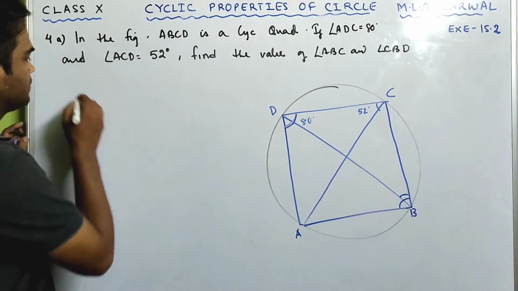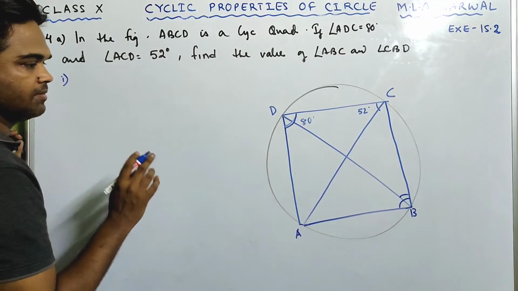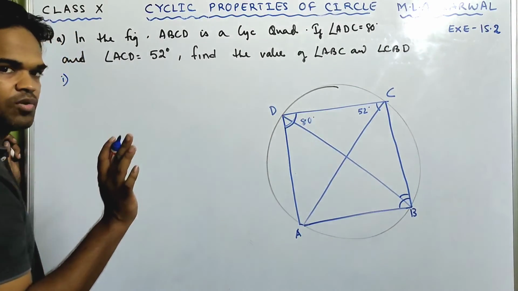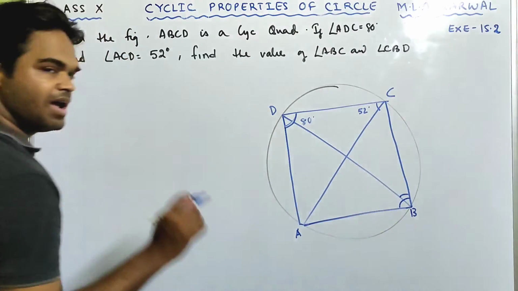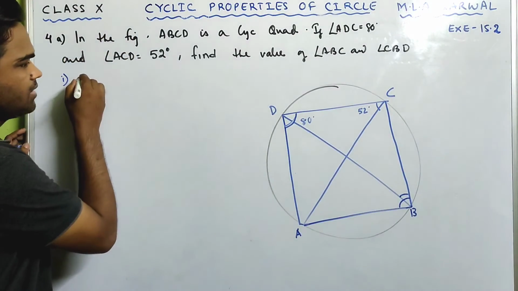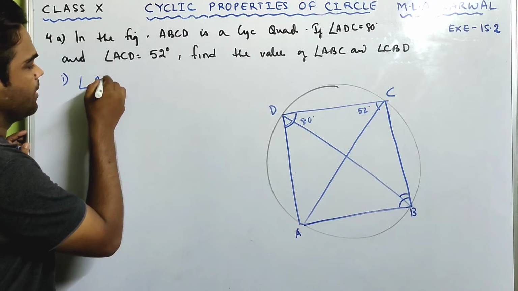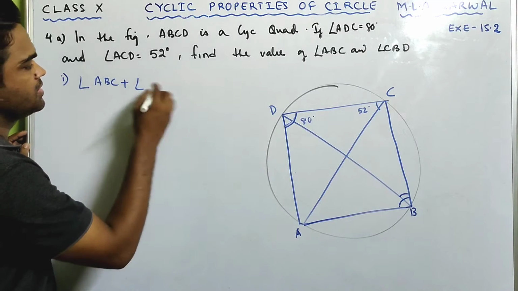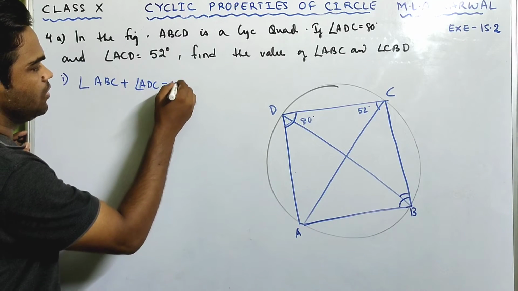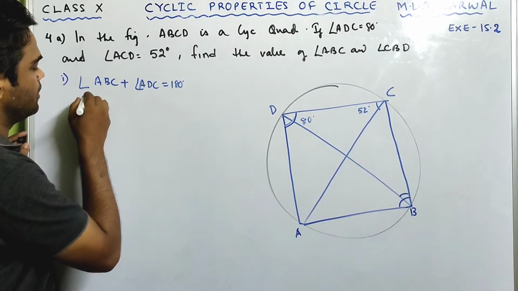Very easy. The first one is very easy, look carefully. ABCD is a cyclic quadrilateral, so opposite angles are supplementary, which means this angle and this angle add to give 180. Can I write angle ABC plus angle ADC is equal to 180. Cyclic quadrilateral.